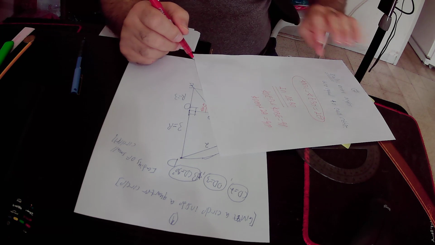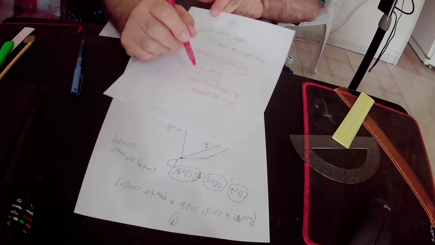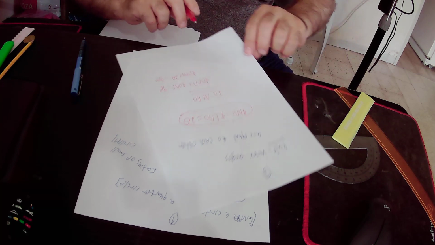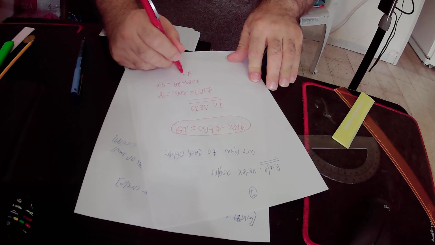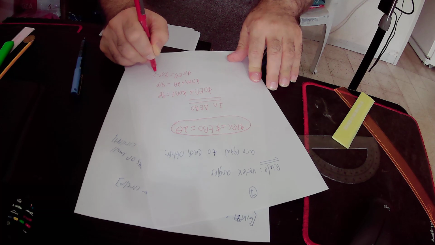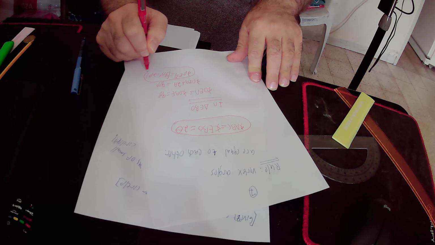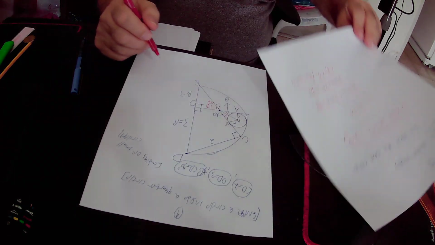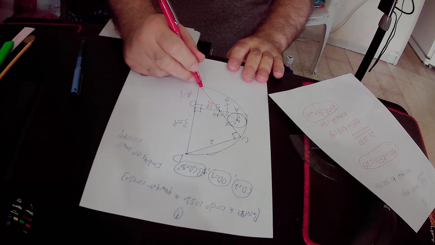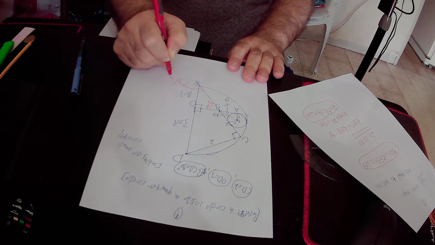If we subtract 2 theta from this equality, we will get that angle OEB equals 90 degrees minus 2 theta. And again, angle OEB equals 90 degrees minus 2 theta.